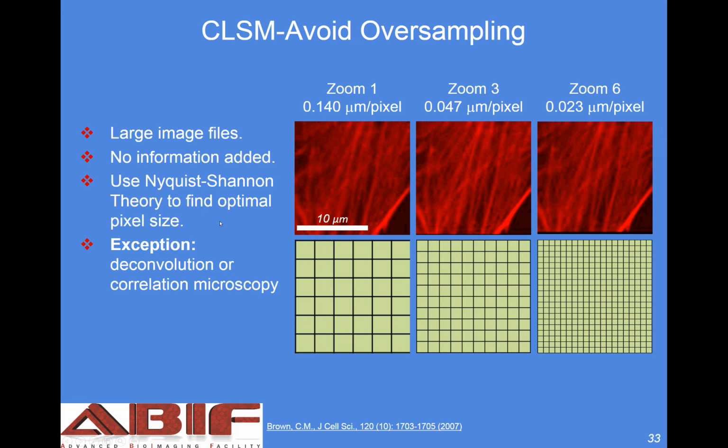So you really want to use the Nyquist-Shannon theory to find the optimal pixel size to minimize your file size, but get the best resolution possible. There are a couple of exceptions, like deconvolution and correlation microscopy, where you may want to oversample a bit in order to get the best data out of the analysis algorithms for these techniques.